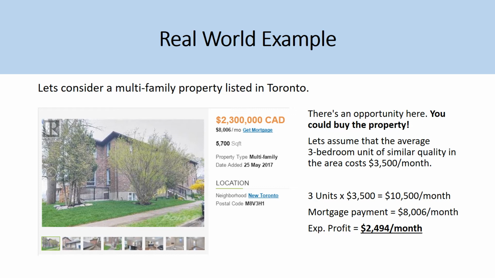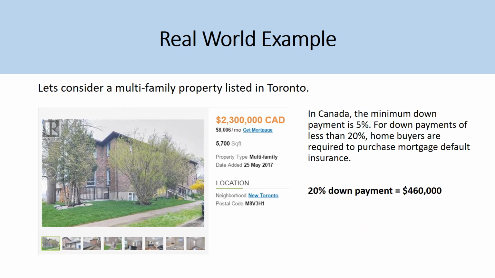And with a mortgage payment of $8,000, if we purchase this property and take out that mortgage, then all of a sudden we have an expected profit of about $2,500 a month. That's great. That's an amazing deal right there, and you add a few of those to your portfolio and you have some steady passive income.